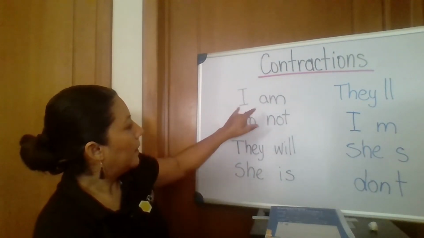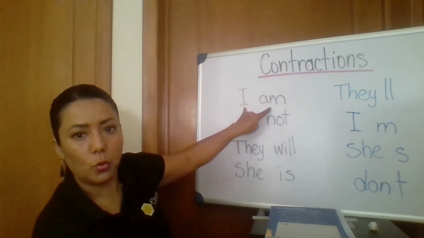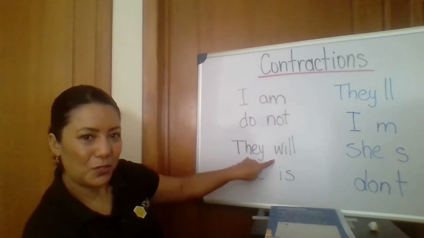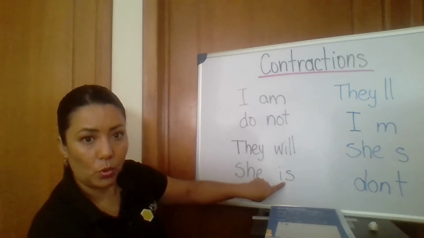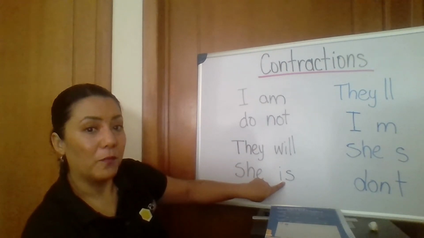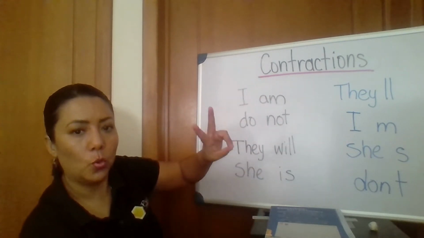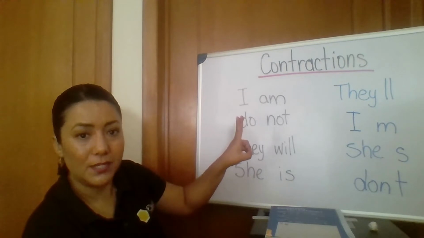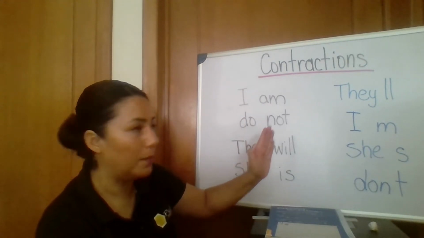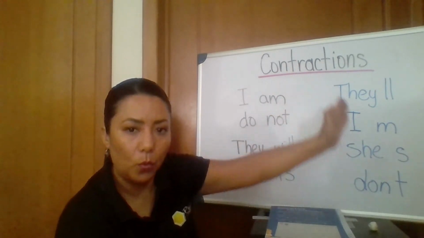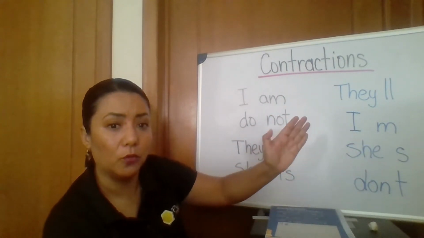First thing, look, 1 and 2 words. First, we have two words, and then we change them using contractions. We change them to the contraction form.